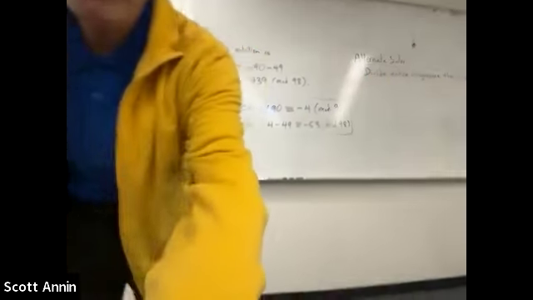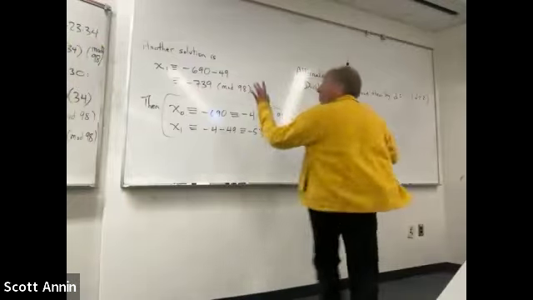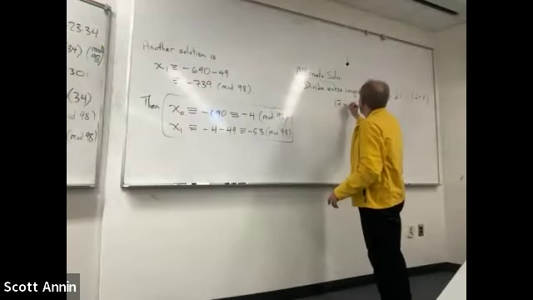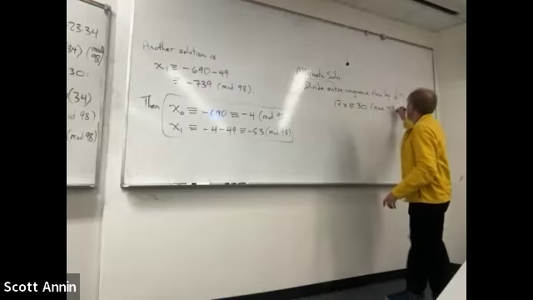So in this case, we would divide the whole thing through by 2, including the modulus, everything. So it would become 17x congruent to 30 in mod 49.